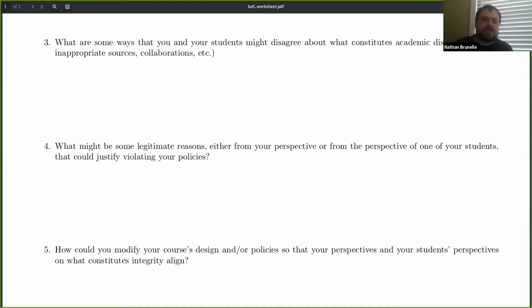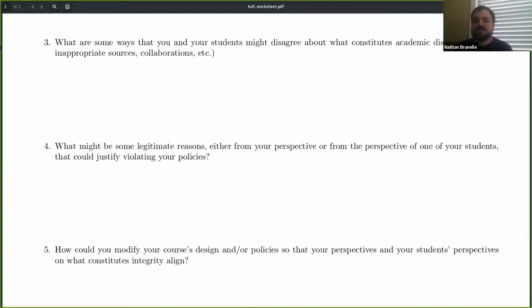And then once you've looked at those, we encourage you to consider ways that you and your students might disagree about whether or not those actions should have been permitted. So for instance, Robbie mentioned that maybe some students thought that Stack Overflow should be a totally fine thing to do for their programming assignments because they were allowed to do it on their internship.